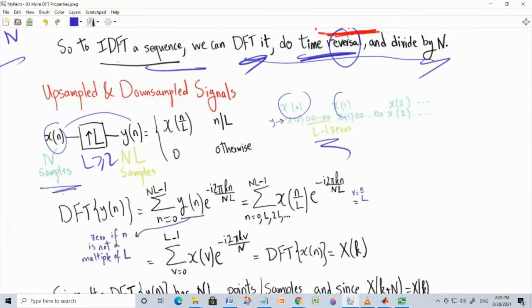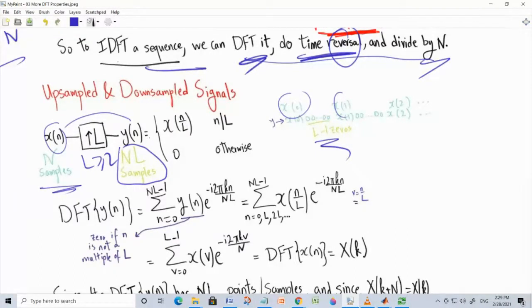And so if you start with a signal with n samples, then after inserting your zeros, your signal becomes NL samples. This is extremely important because there are some operations we do in signal processing in which the number of samples is manipulated, and so you need to adapt the expression of the DFT or inverse DFT to take into account that you are no longer dealing with n samples.